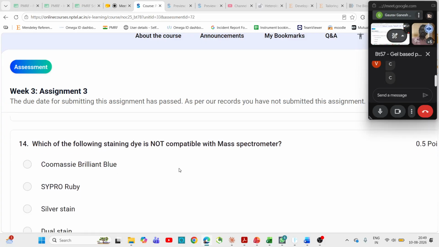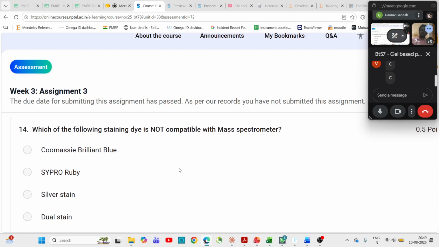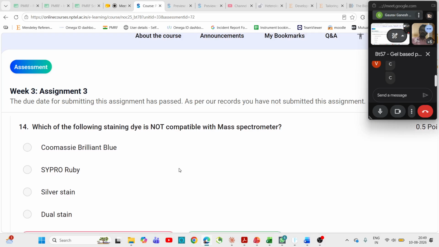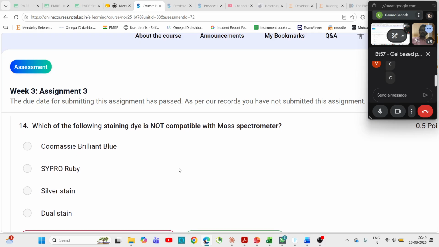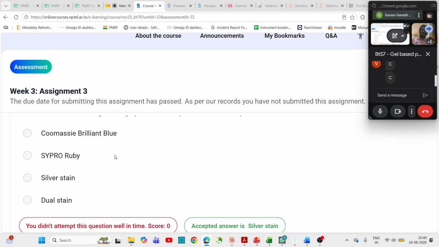Which of the following staining dyes is not compatible with mass spec? It's the silver stain which is not compatible.